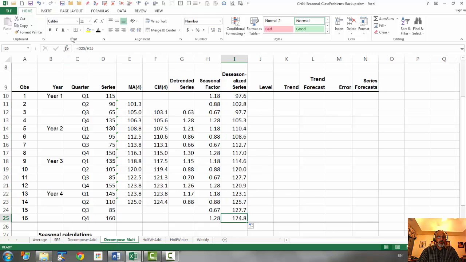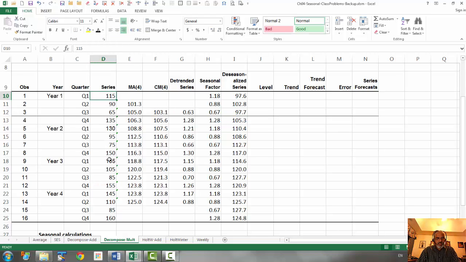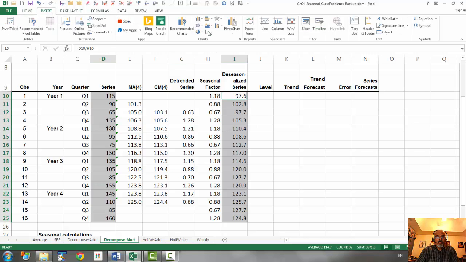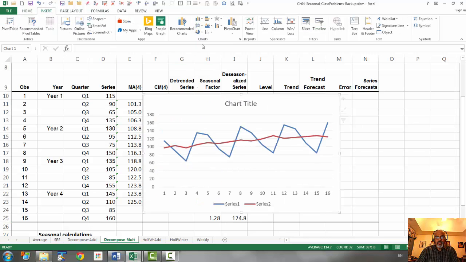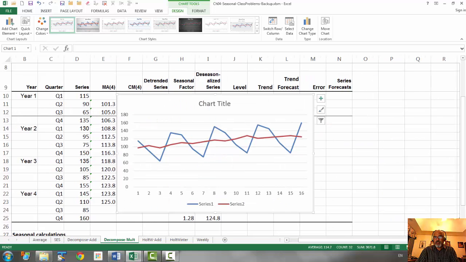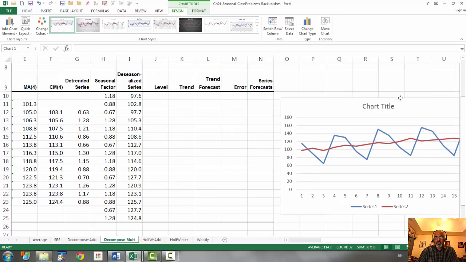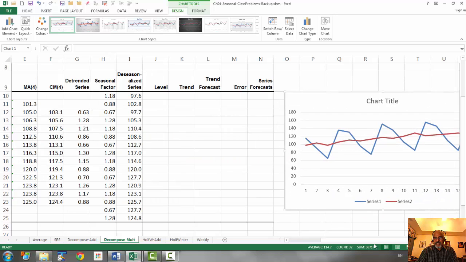Okay, and we can plot this and see, like what we did in the previous case. So we take the series here, and then we take the deseasonalized values and do a line graph, and you see the same pattern like before, and you see there is no seasonality in the second series.